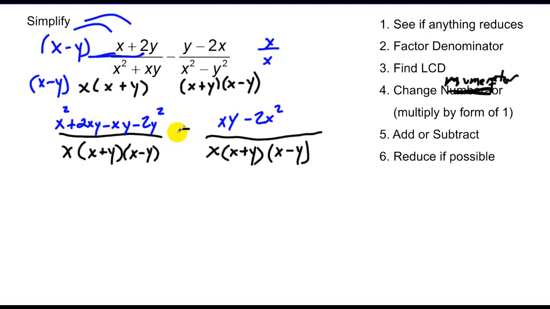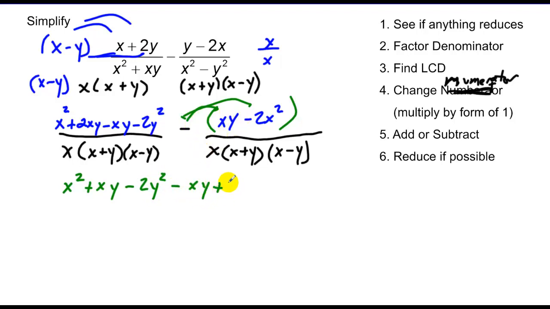Now this problem asks me to subtract. So the big mistake that's going to come in this problem is people are going to forget to distribute this negative to both terms. So what I have is x squared. I'm going to add these like terms while I'm at it. So it's plus xy minus 2y squared minus xy, and I'm getting all this from distributing, plus 2x squared over the denominator of x, x plus y, and x minus y.